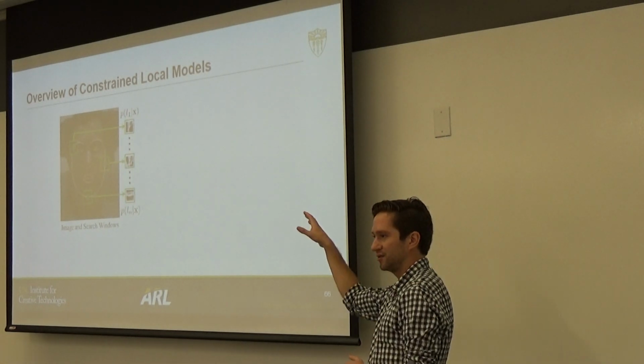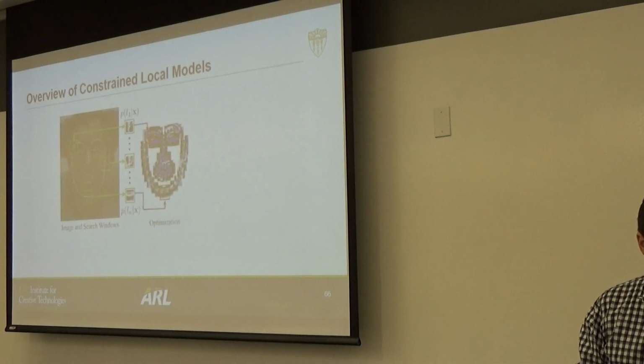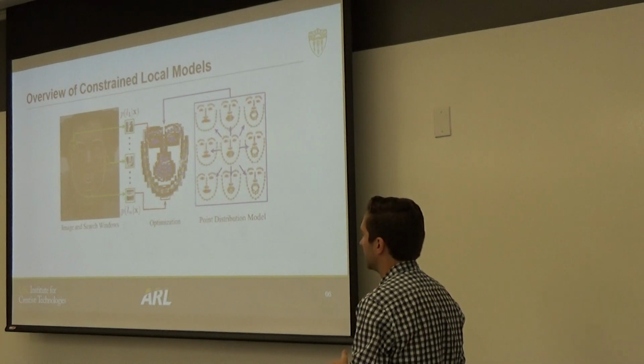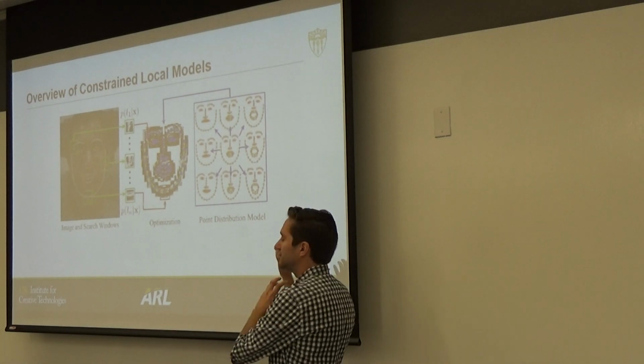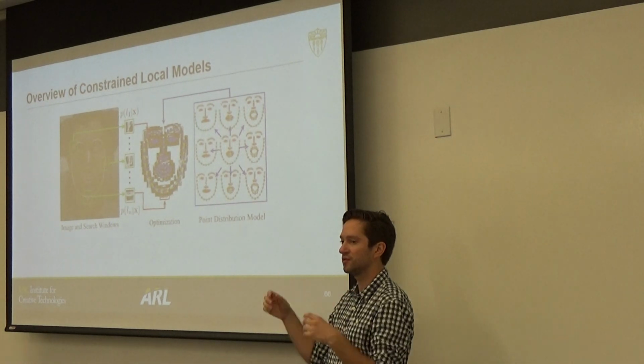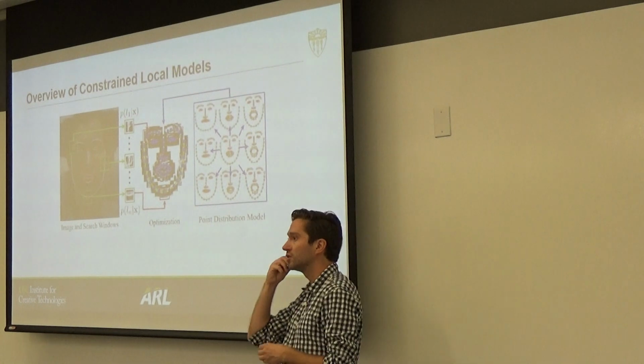The local models are the local search for those points, and the constrained part is basically a process that you do in the end to optimize the global shape of the face, such as in the previous method, and also the local responses.